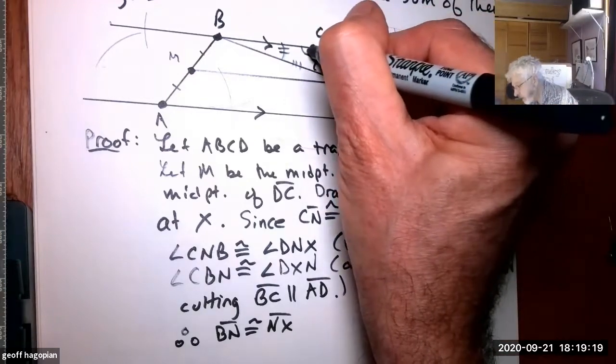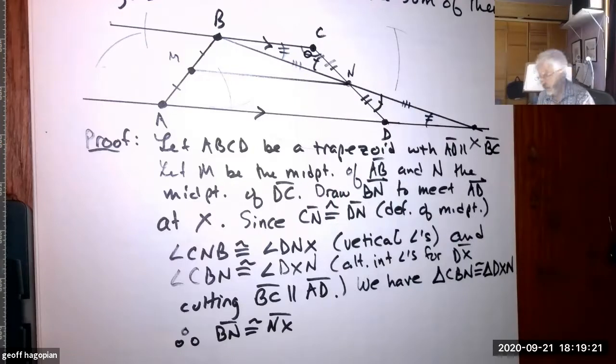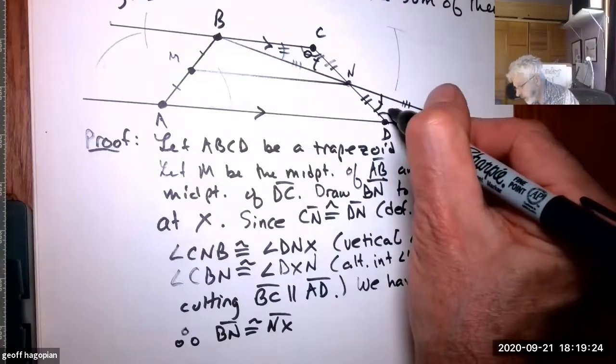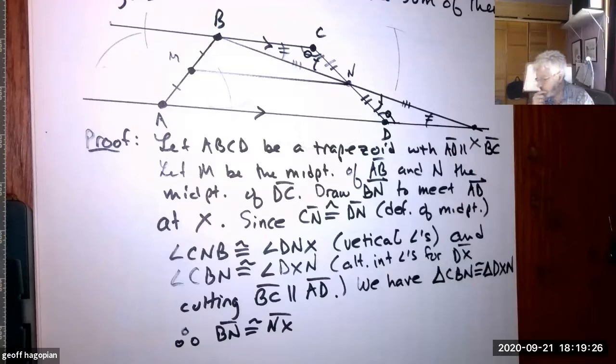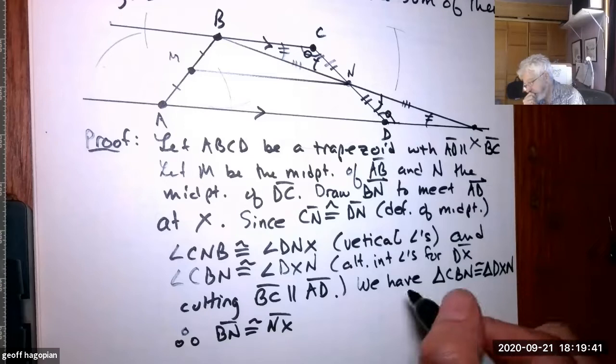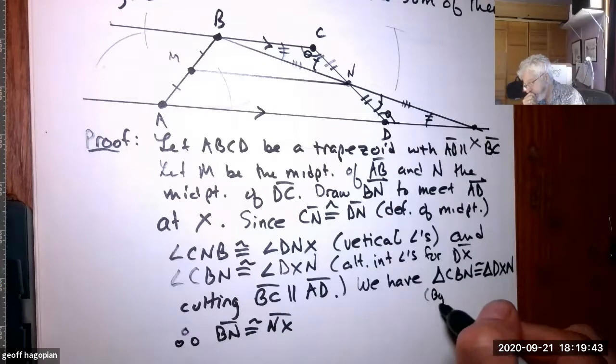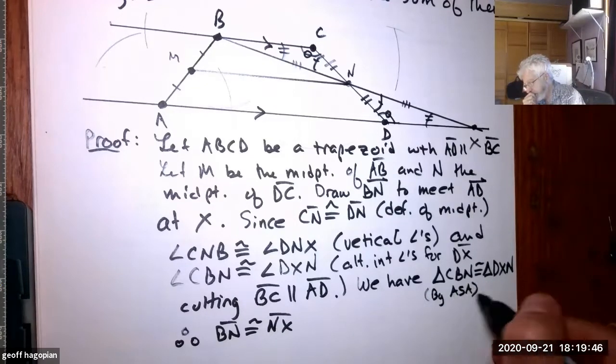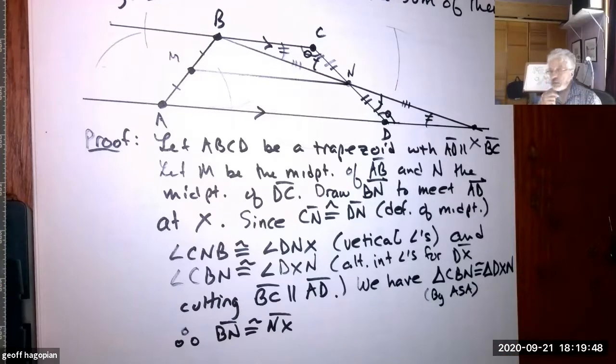This angle here, which I'll mark with a little circle, is congruent to this angle here. I think we know those are alternate interior angles when parallels are cut by a transversal. So that's not a new thing, is it? Right. Oh, and we didn't justify, this is by angle side angle now, right? So what good does that do me?